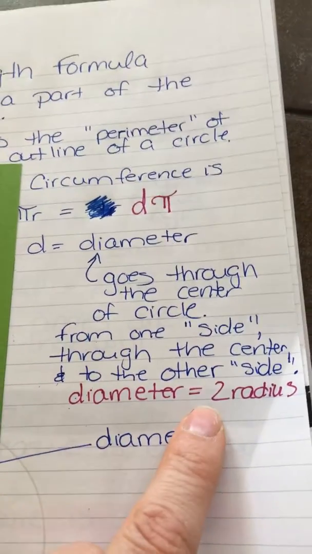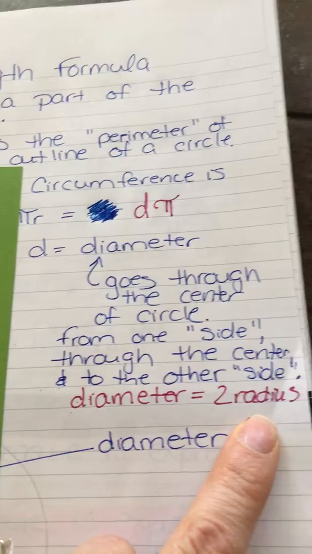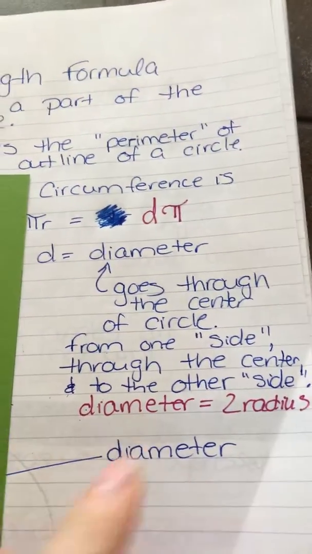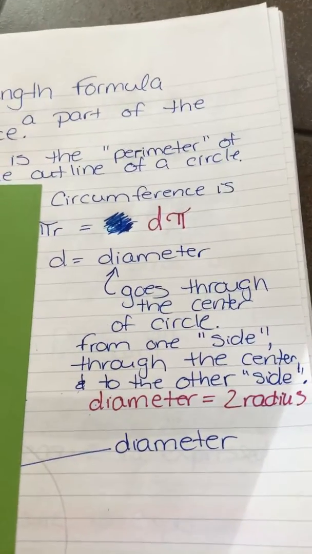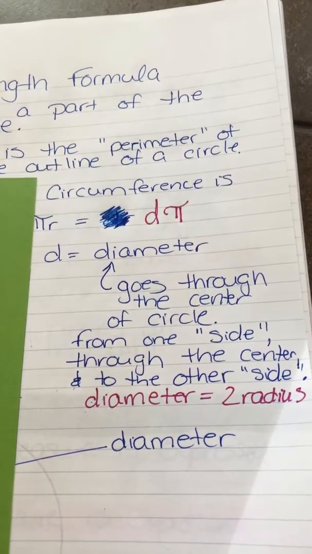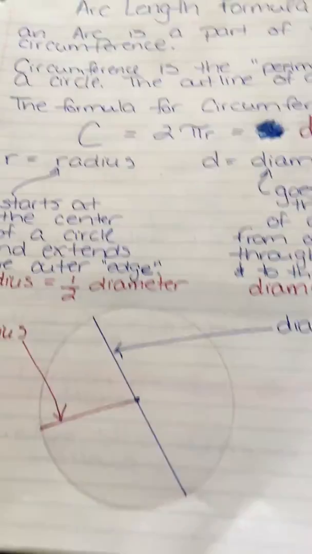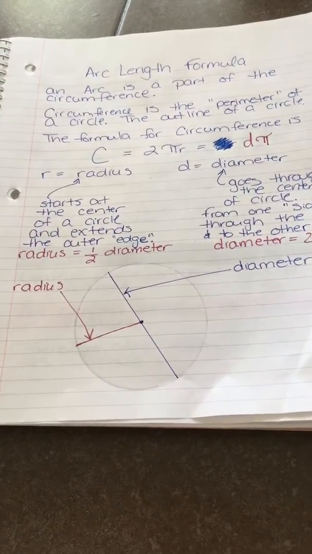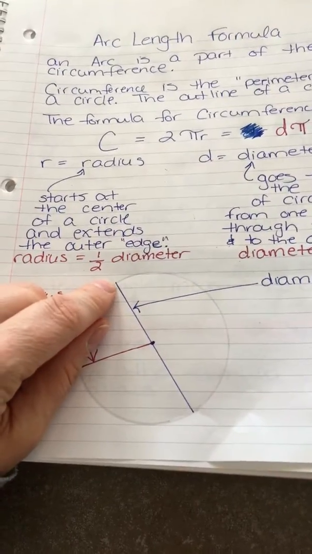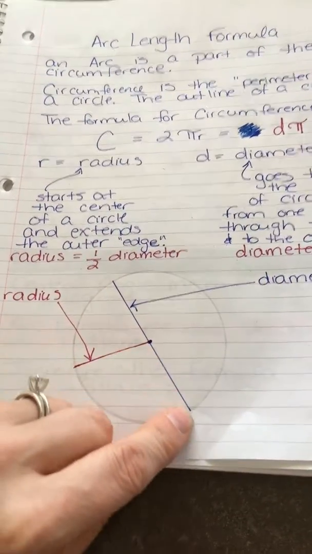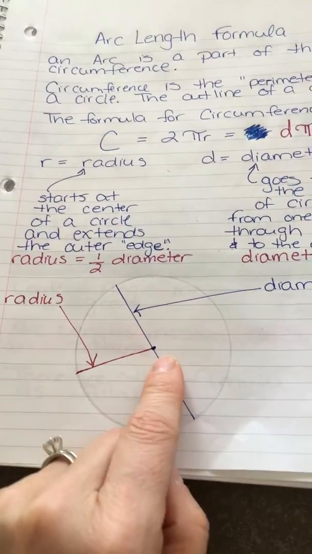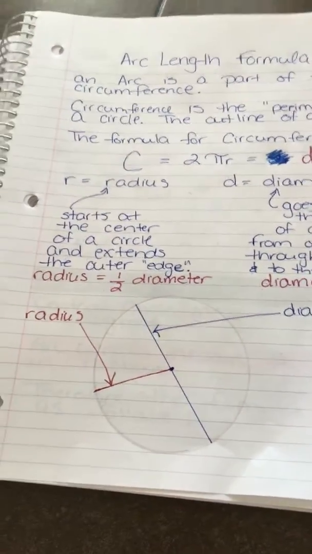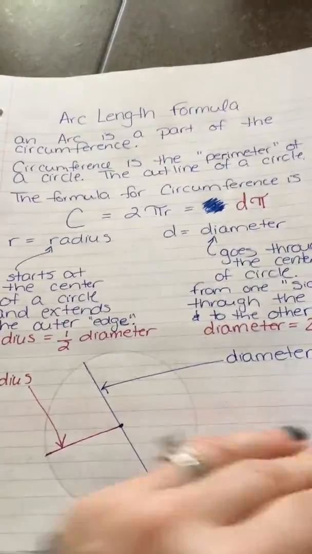Now, diameter is equal to 2 times the radius. So if the radius is 5, the diameter will be 10. Okay? If the diameter is 28, the radius will be 14. And here's a picture to kind of show you what I'm talking about. See how the diameter goes from one edge through the center to the other edge, while the radius starts at the center of the circle to the edge. So there's a little review for you.